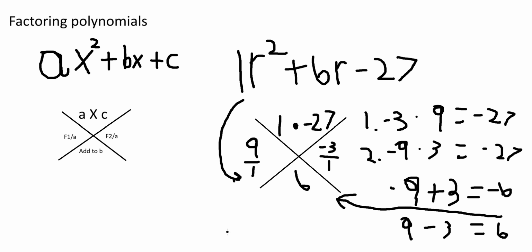So we've broken it down, and now how you would write this as an equation is r plus 9 times r minus 3.